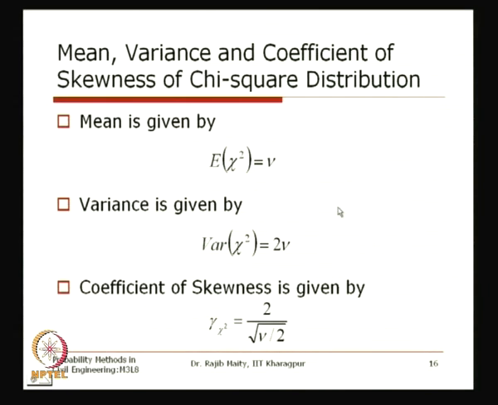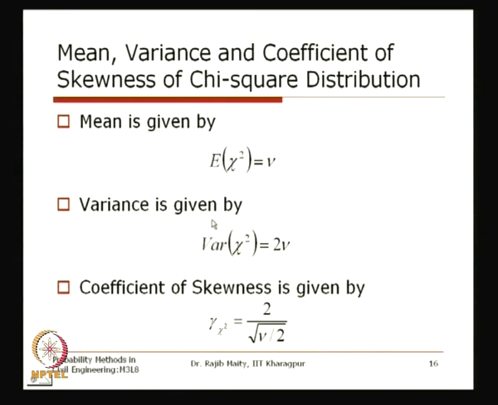Now, there are some interpretations, particularly its skewness, as we have just seen from this graph. The first is its mean. The mean of this chi-square distribution is equal to its degrees of freedom, which is nu.